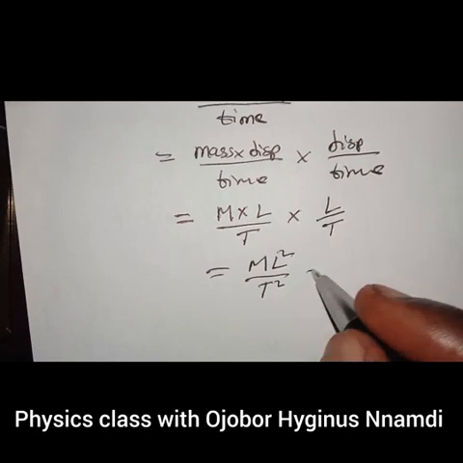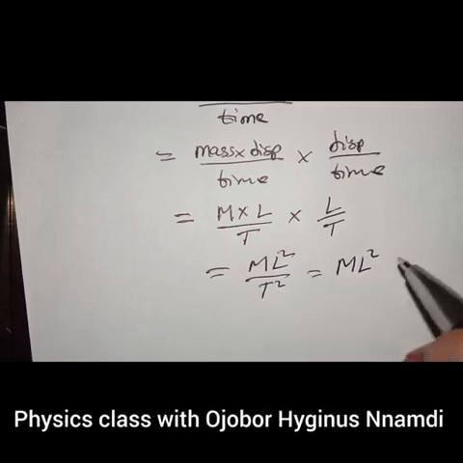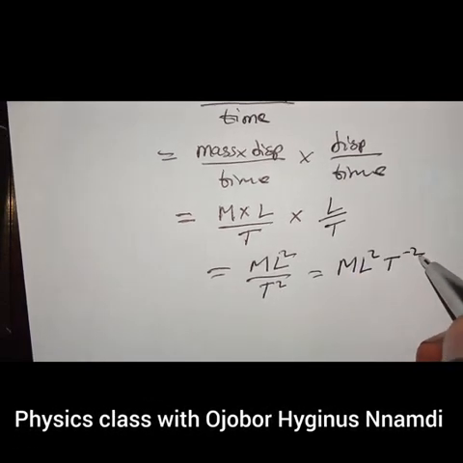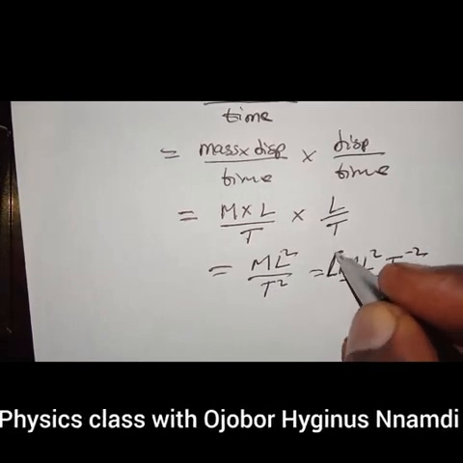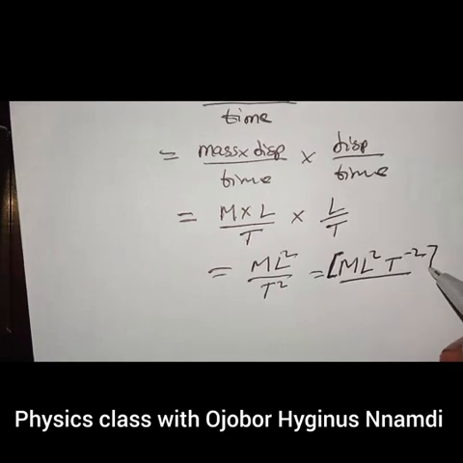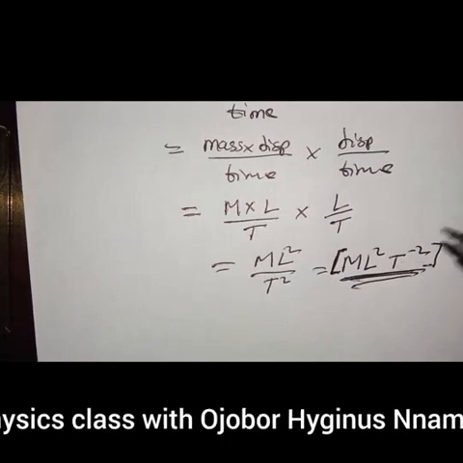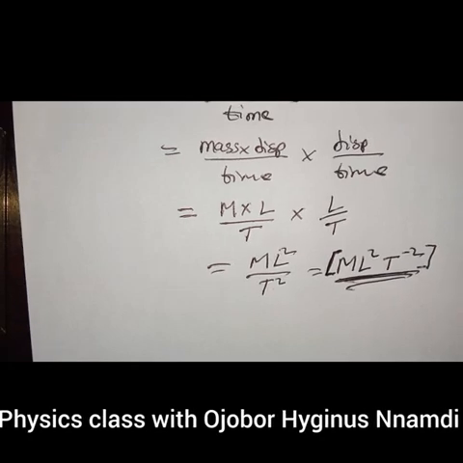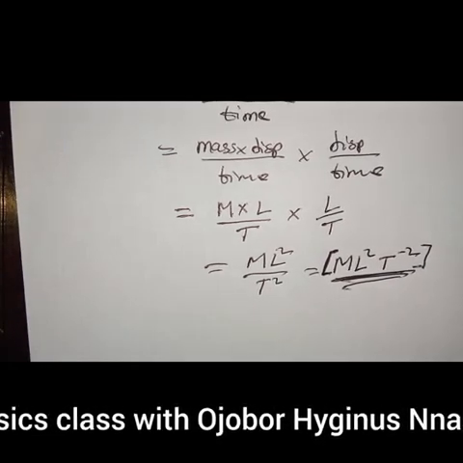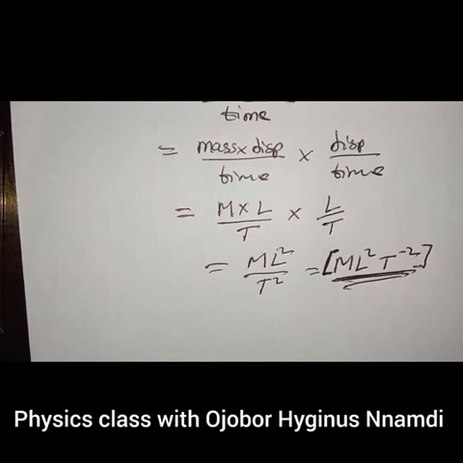So dimensionally, it is going to be M L squared over T squared, which goes up to become T raised to power minus 2. So when a physical quantity goes up, if the power is positive, it will change to negative. If it is negative, it will change to positive. So the dimension of work is M L squared T raised to power minus 2. So this is the dimension of these three physical quantities that we have given as example.